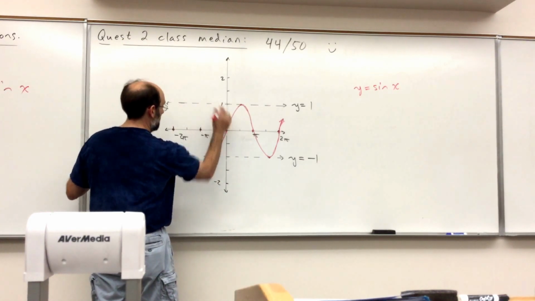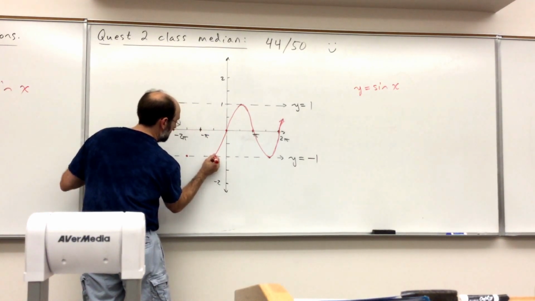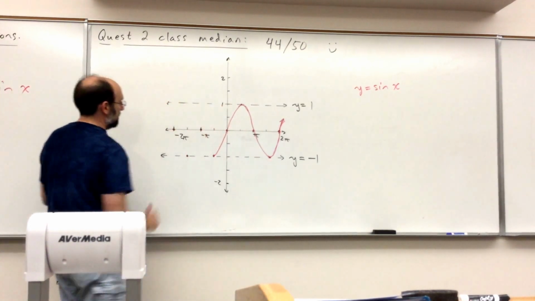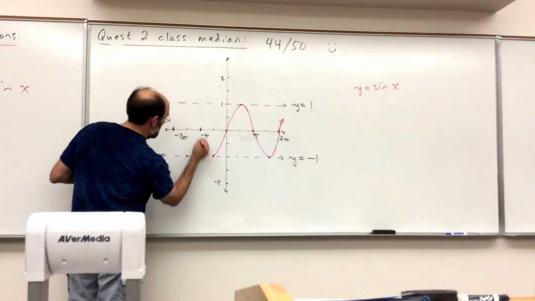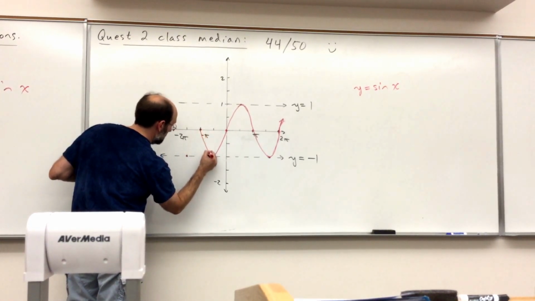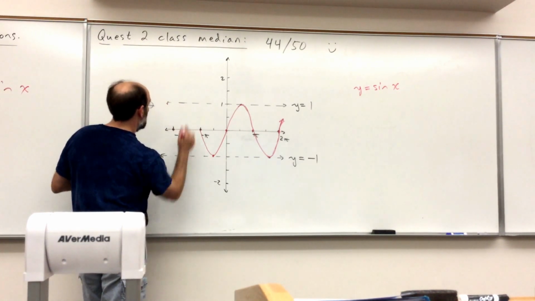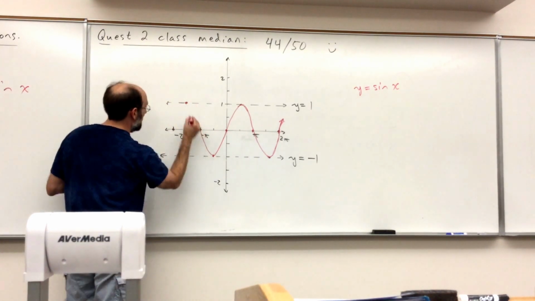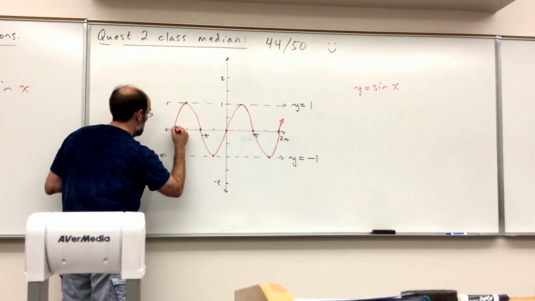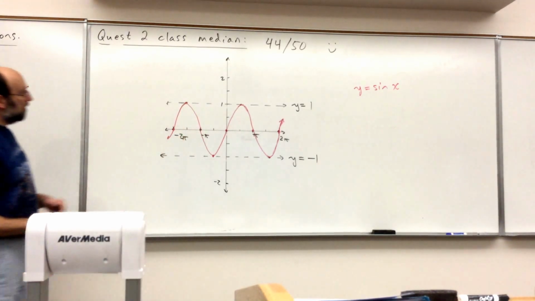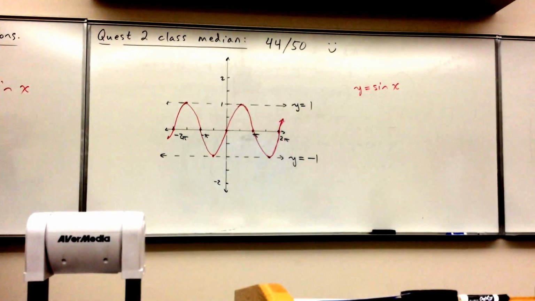All right. This should have been a min, I'm sorry. So minus pi over 2 is a min, not a max. So that looks like it. So minus 3 pi over 2 is going to be a max. There we go. Okay, so y equals the sine of x.